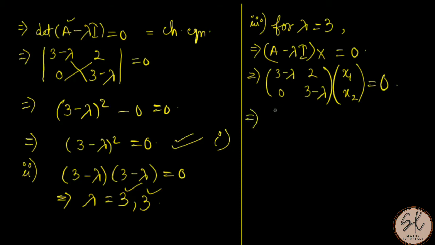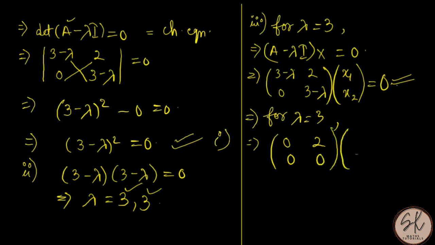Now we are finding the eigenvector for lambda equals 3, so we put lambda equals 3 here. We get 3 minus 3 is 0, and this is 2, then 0, and again 3 minus 3 is 0. So this matrix times x1, x2 equals 0, 0.